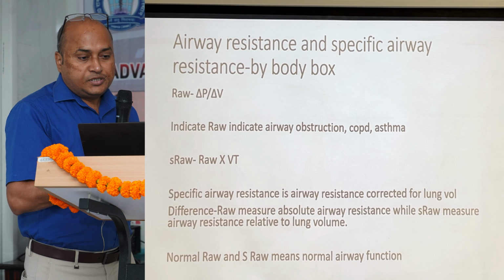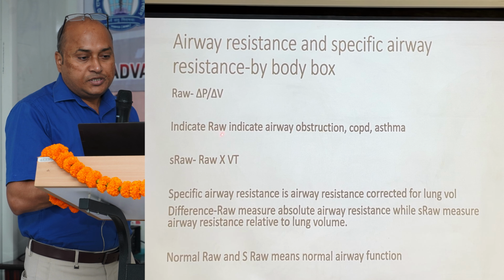Two important parameters: one is the thoracic gas volume, and another is the airway resistance. There are two important parameters: airway resistance and specific airway resistance. Airway resistance is the delta P, change of pressure, versus change of volume, when plotted against the curve; this gives the airway resistance.